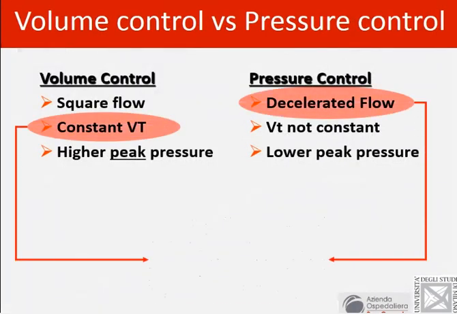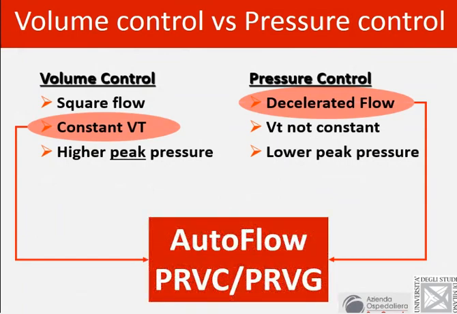So a way to bring together these two advantages, a constant tidal volume, which is very important especially if we discuss ARDS, and a flow which has a decelerated pattern, is that most ventilators allow us to use the so-called auto-flow or pressure regulated volume control.